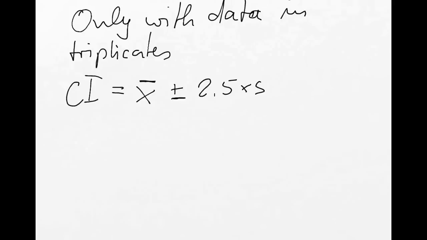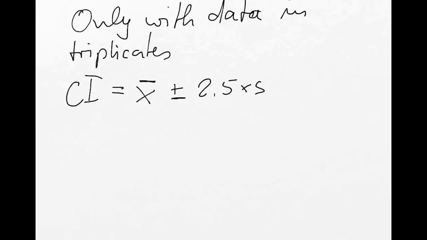You don't have to figure out a t-value or anything like that. It's quite handy, because if somebody says, I have a sample mean and that standard deviation, I can immediately do the calculation in my head and say, okay, your confidence interval is this.